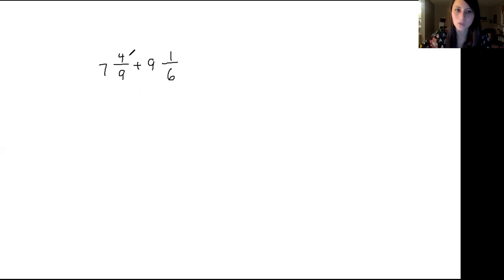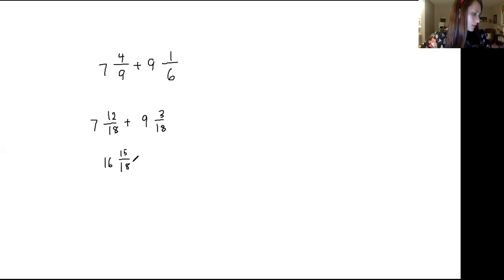So that means I'm going to multiply everything by 2 here and multiply everything by 3 here. So this is going to be 8 over 18 plus 3 over 18. Okay. Now 7 plus 9 is 16. 8 plus 3 is 11 over 18. Can I reduce this? I think so.